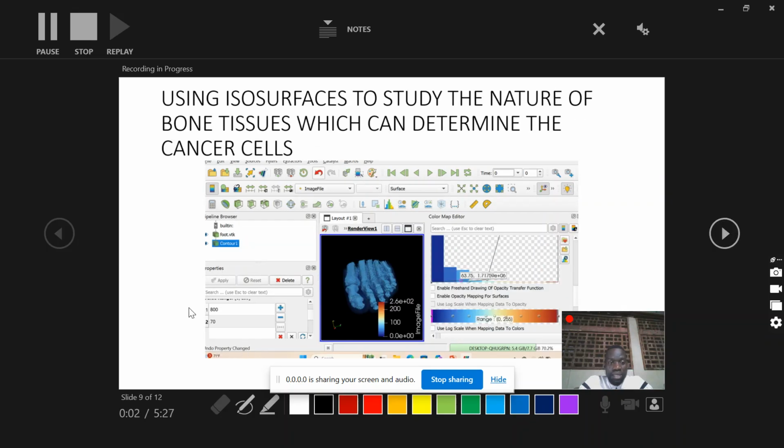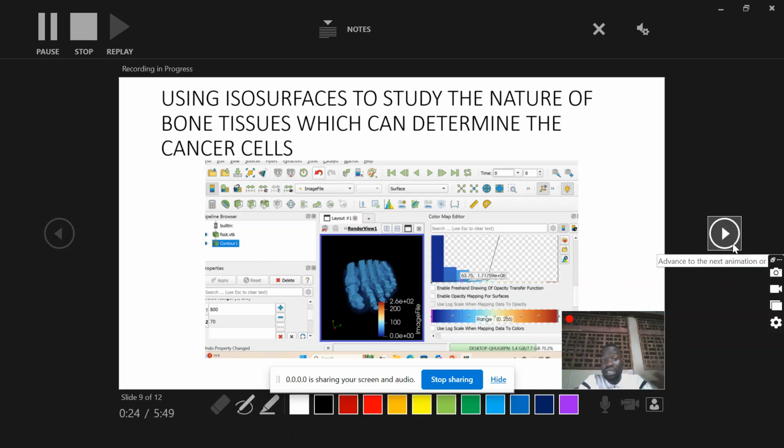And then when I apply contours and then I apply iso surface values, the first one I used 800 and then 70. So I can detect the size of the cells, which are the bones.